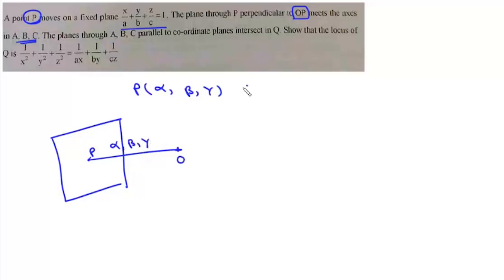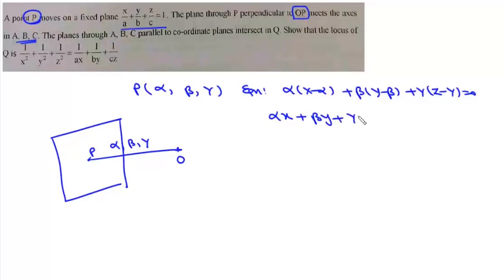So the direction ratios will also be alpha, beta and gamma. So the equation of this plane will be given by alpha into (x minus alpha) plus beta into (y minus beta) plus gamma into (z minus gamma) equals 0. So we can write this equation as alpha x plus beta y plus gamma z equals alpha square plus beta square plus gamma square.